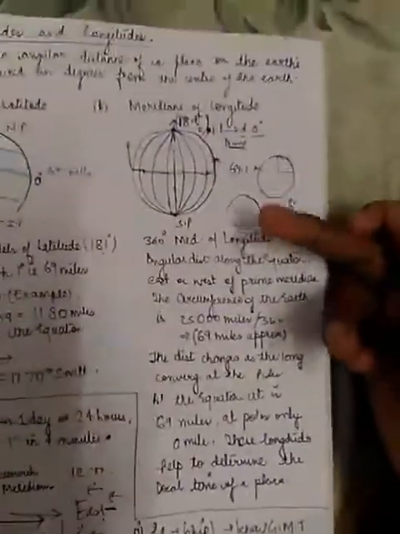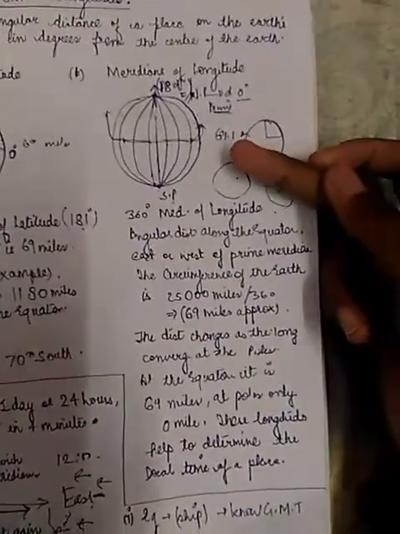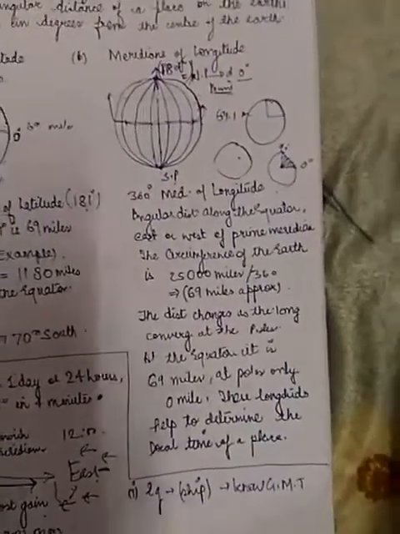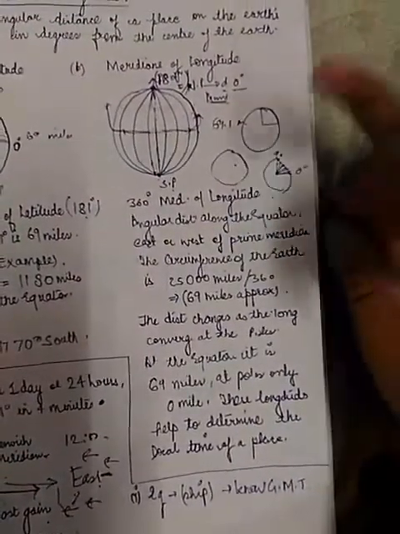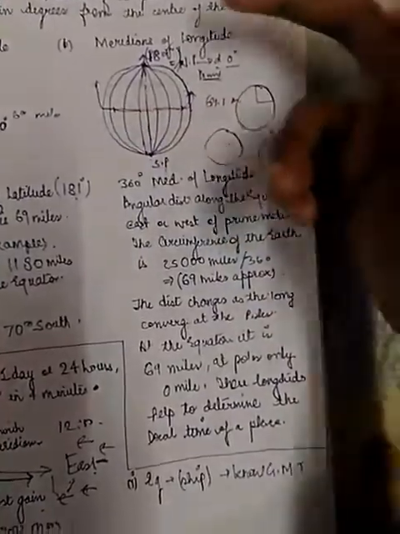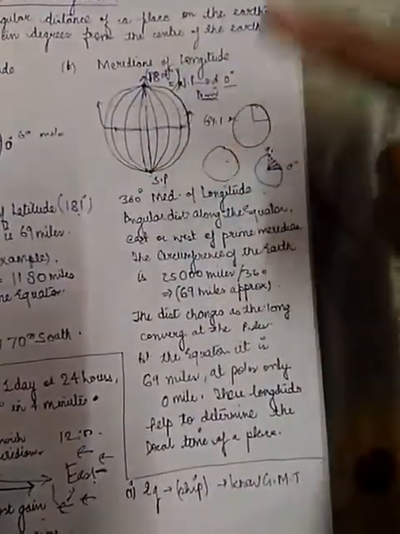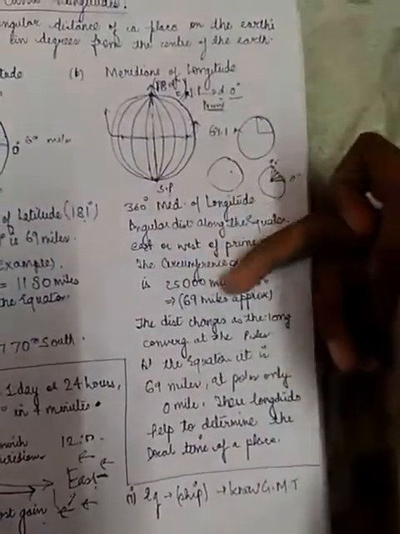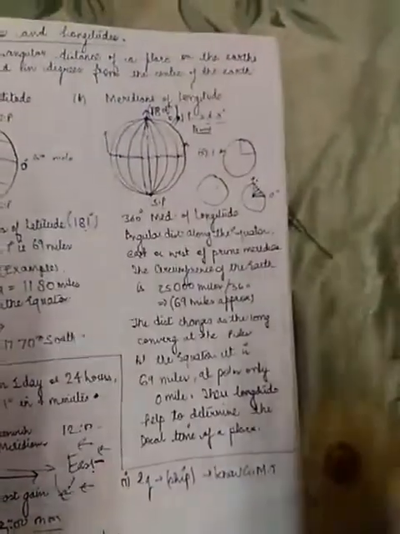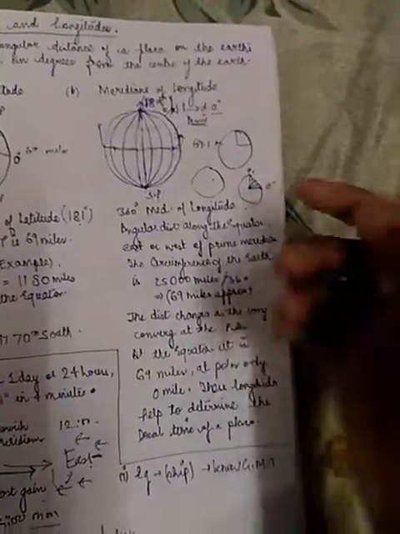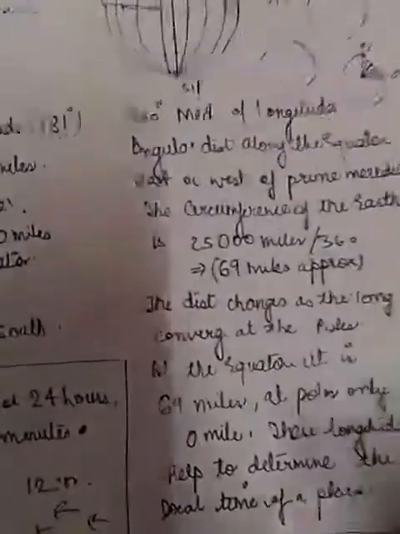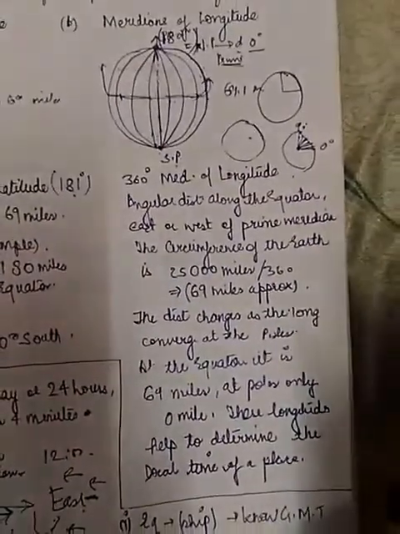Now, when we talk about meridians of longitude, our earth is a circle or a geoid, as we call it. We have divided this entire circumference of the earth into 360 degrees. The earth covers the entire 360 degrees in 24 hours. We also know that the circumference of the earth, when calculated, came to about 25,000 miles.